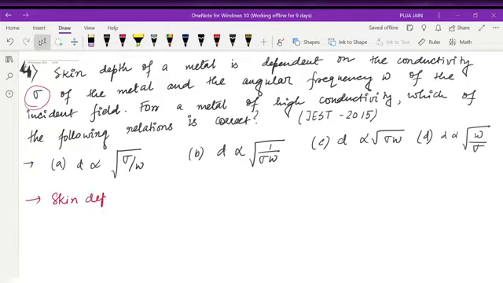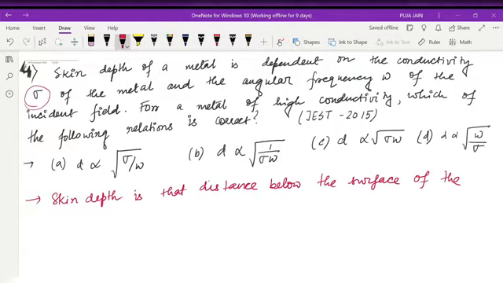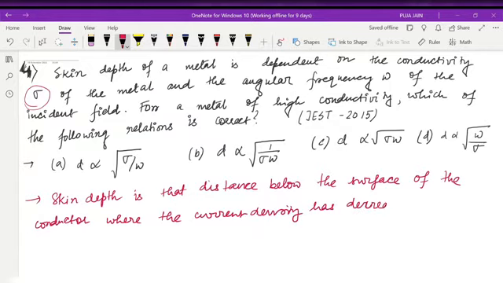Skin depth is that distance below the surface of a conductor where the current density has decreased to 1 by e of its initial value, that is, of its value at the surface. Okay, so this is our skin depth.